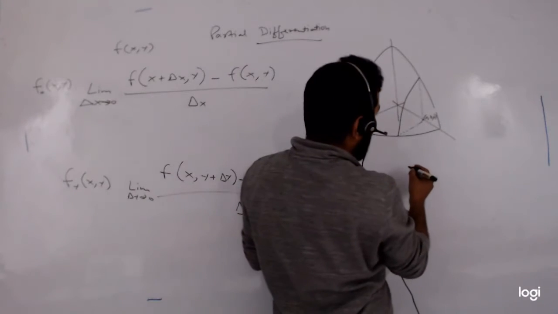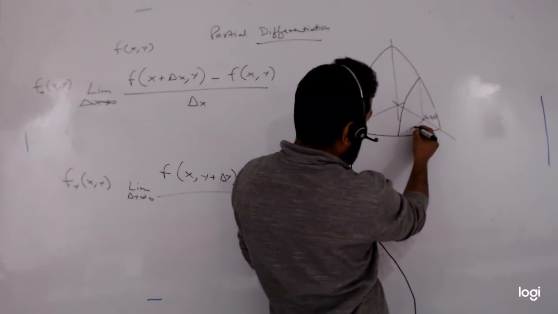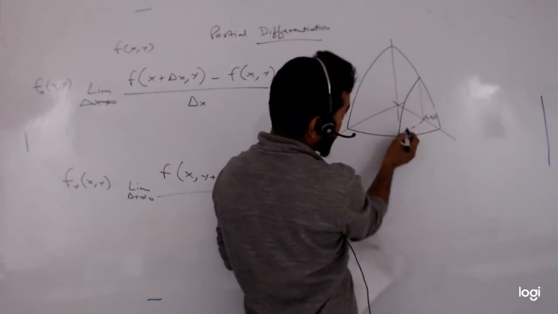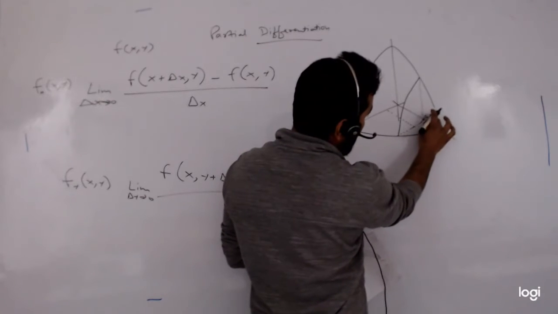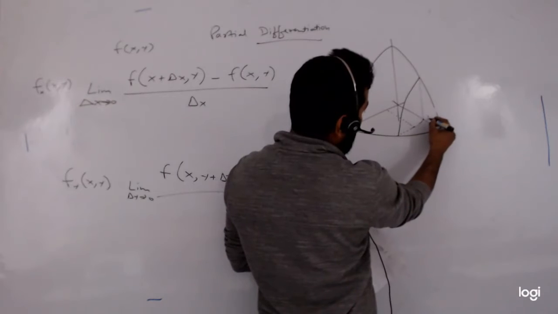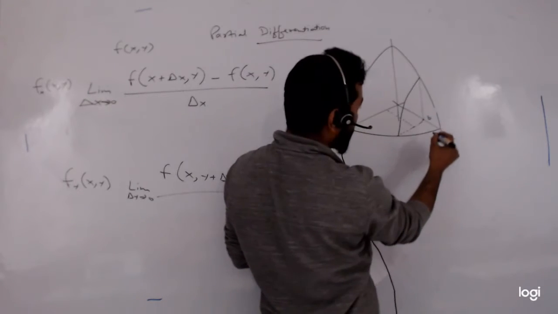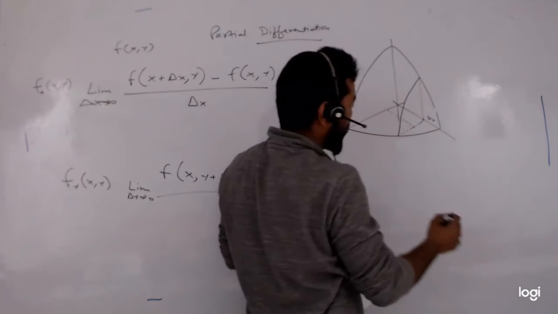If we take a point over here, let's say this is b2 on the y-axis.